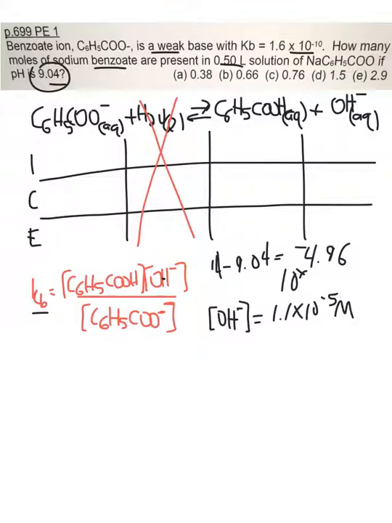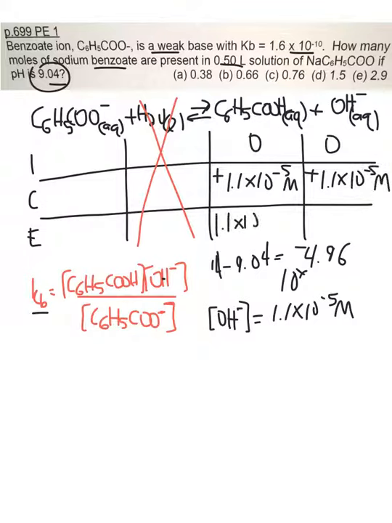So now that we know that, it's going to be a rare case, but here we're going to start off with 0 here, and that is the change. Small amount. Although we're not really interested in this part here, we're only interested in the OH, but we're going to put it anyway.